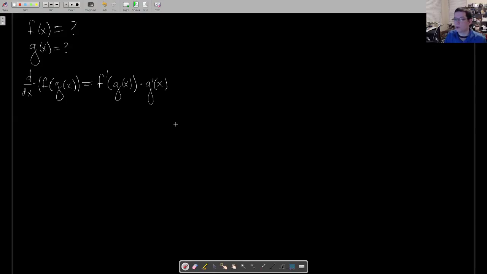Well, that's confusing, I hear you saying already. Yes, it is if you're just looking at it that way. But we can look at it a little bit easier. So if I have a function, let's suppose f of x equals 2x and g of x equals x squared.